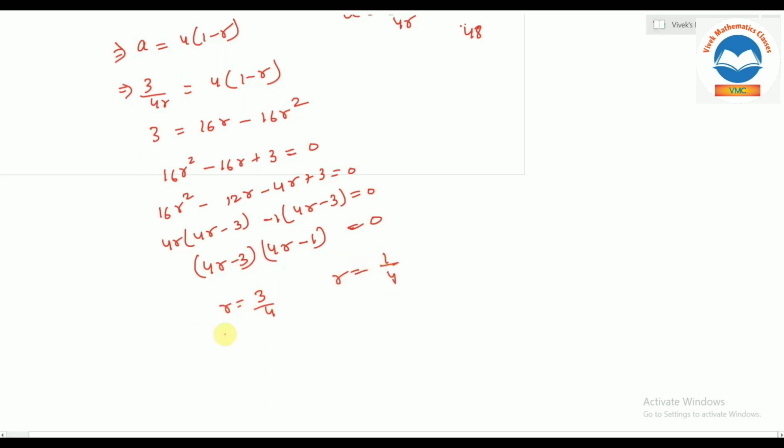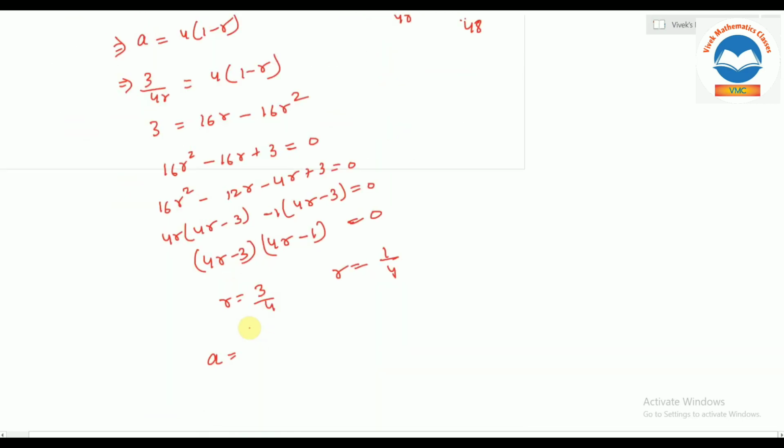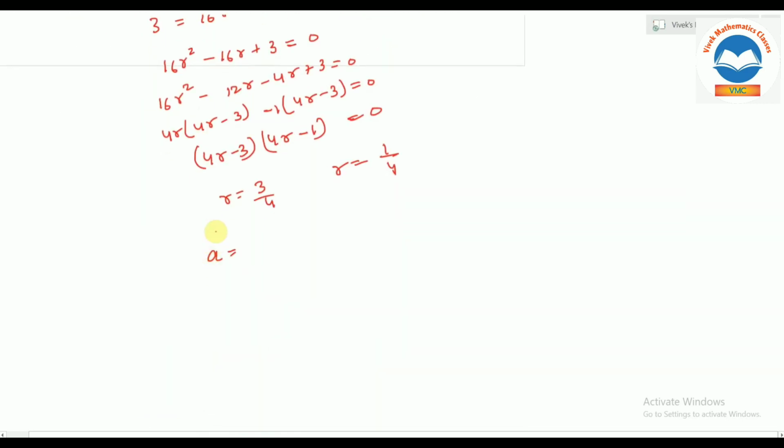Okay, if r would be 3 by 4, then what will be a value? A we got 3 by 4r. We will substitute here. So here you will get a will be equal to 3 by 4 into 3, and here 4 will come, so it will be cancelled out, 1 will come.